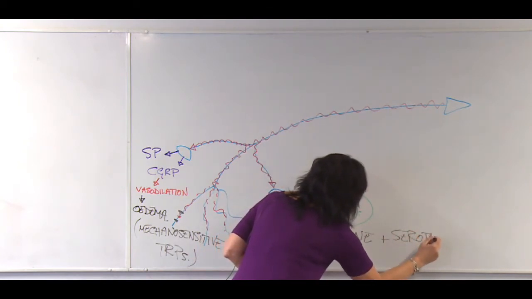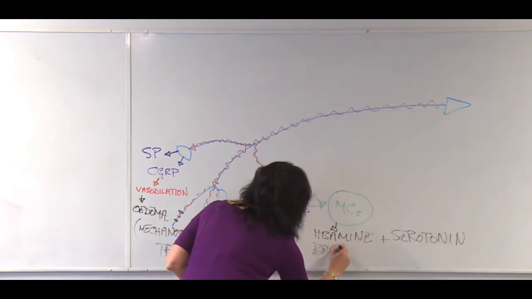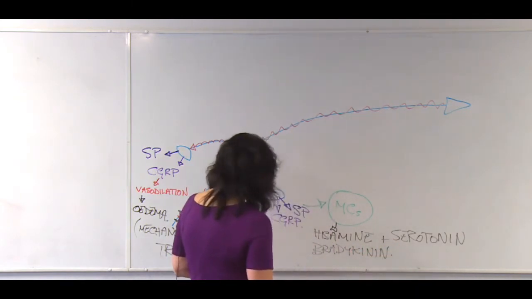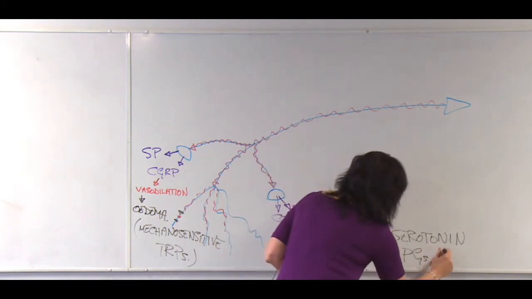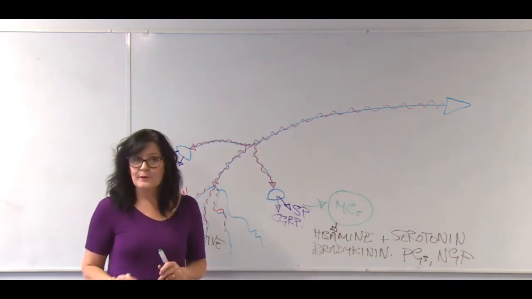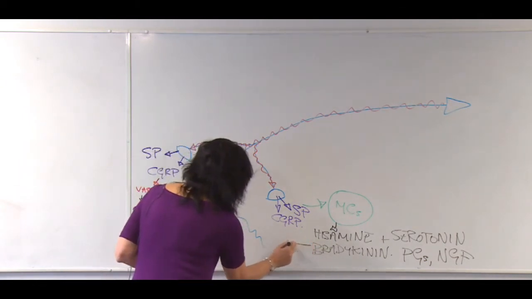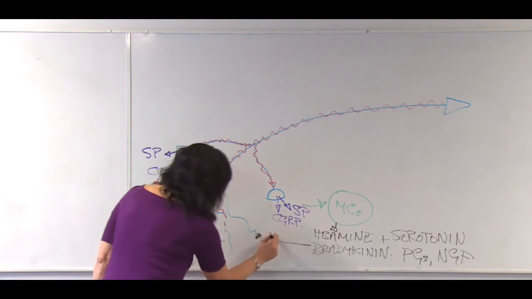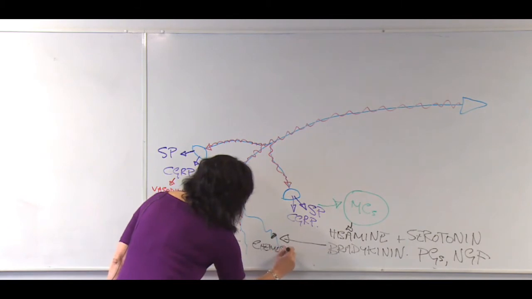Serotonin. Let's have some bradykinin. Let's have some prostaglandins, PGs, and some nerve growth factor. Oh, look, guess what they do? They bind to and stimulate our chemosensitive TRPs. Yes. So also our chemosensitive.